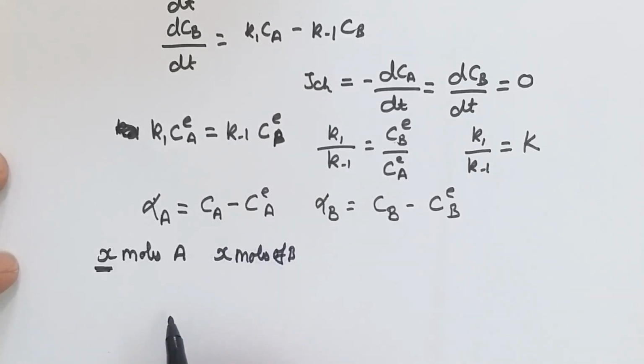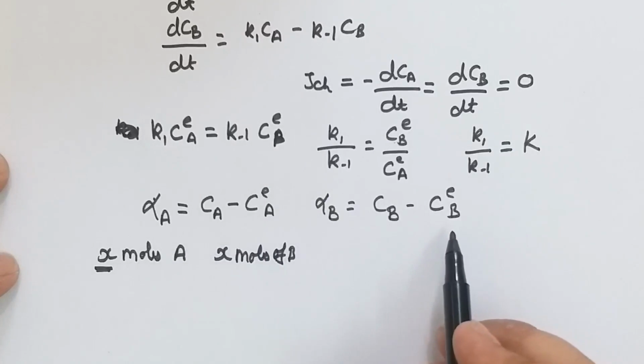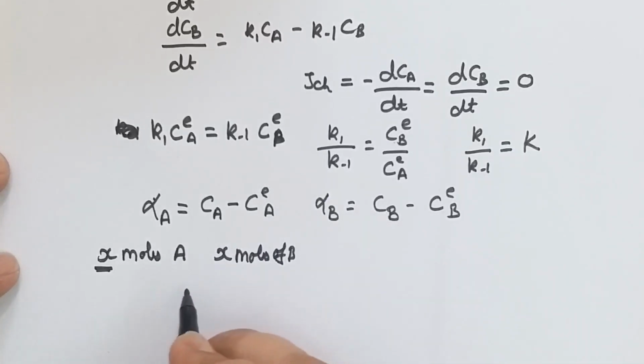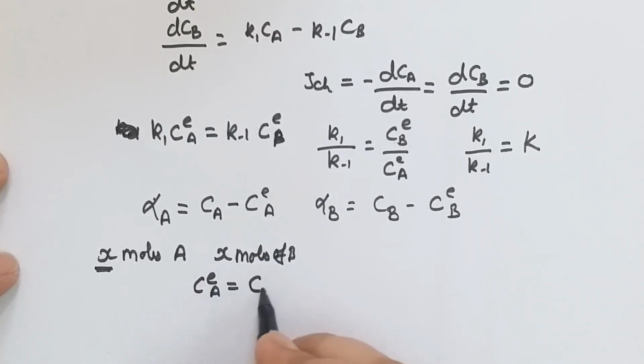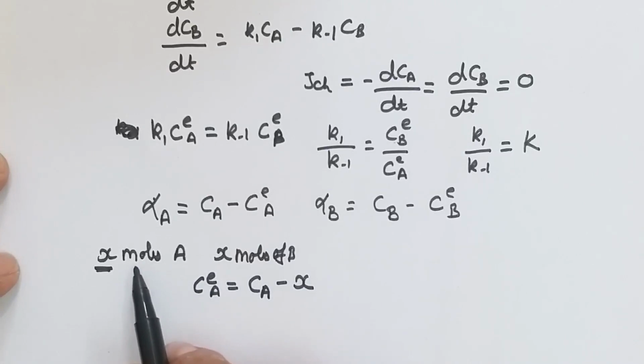Under equilibrium condition, the concentrations CAE and CBE are both the concentrations at equilibrium. So we may write CAE as CA minus X, as X is the moles of A consumed when the equilibrium is attained.